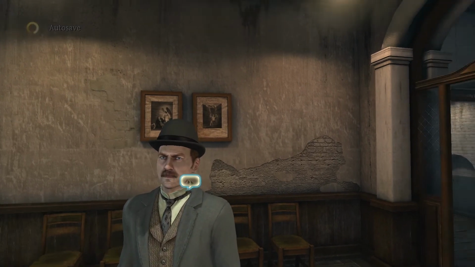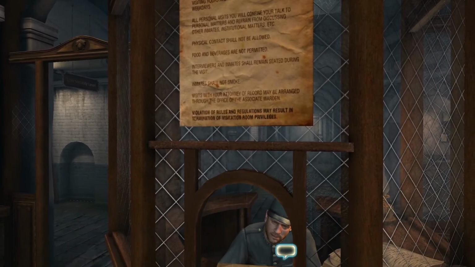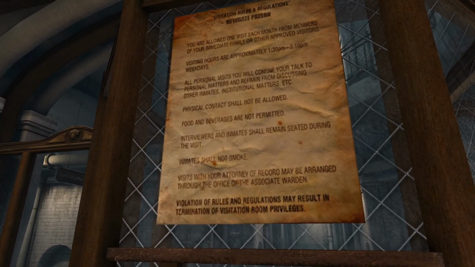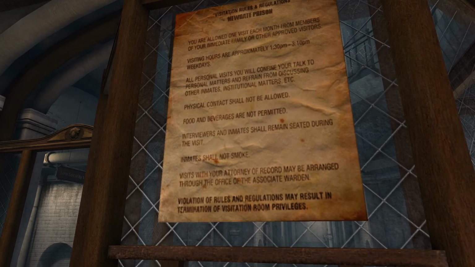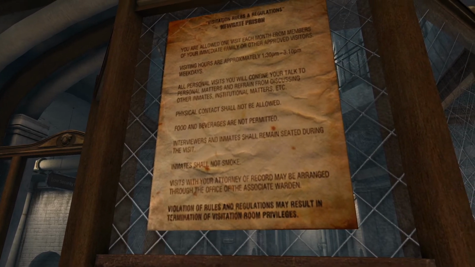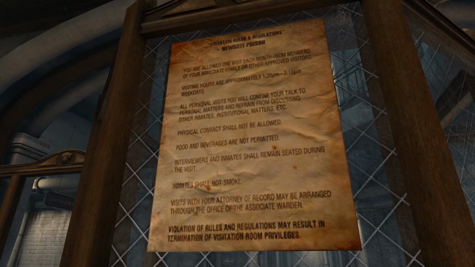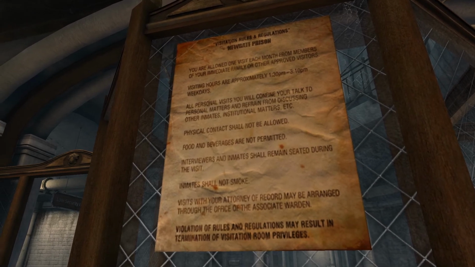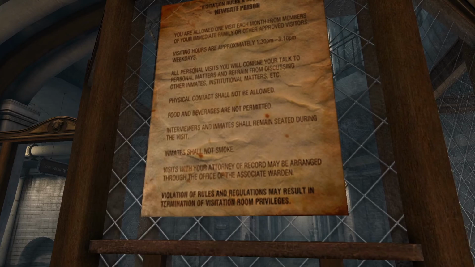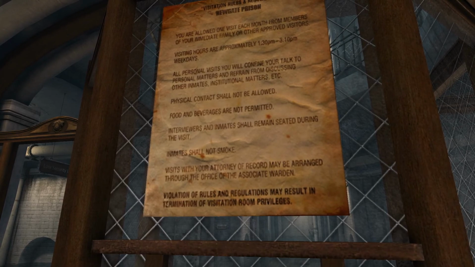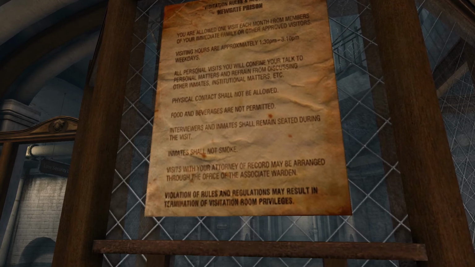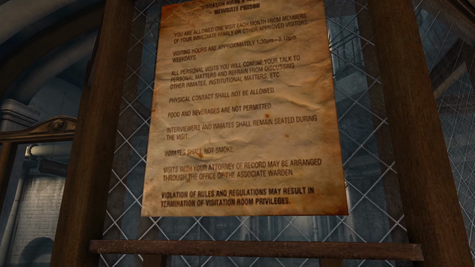And what do we have? Oh, he's still here. You are allowed one visit each month from members of your immediate family or others approved visitors. Visiting hours are approximately 1:30 p.m. to 3:10 p.m. weekdays. On personal visits, you will confine your talk to personal matters and refrain from discussing other inmates' institutional matters, etc. Physical contact shall not be allowed.